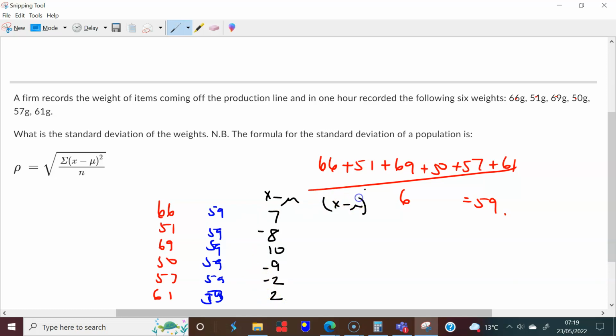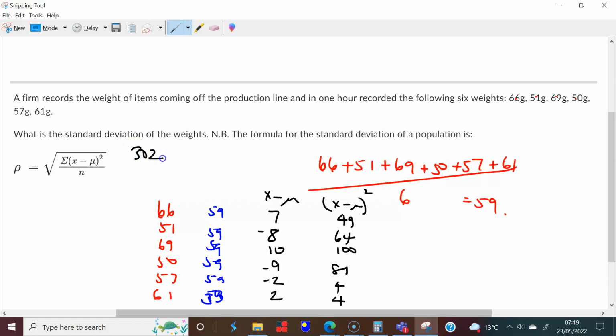Then we square it. X minus mu squared gives you 49, 64, 100, 81, 4, and 4. Then add them all together. 49 plus 64 plus 100 plus 81 plus 4 plus 4 is equal to 302.